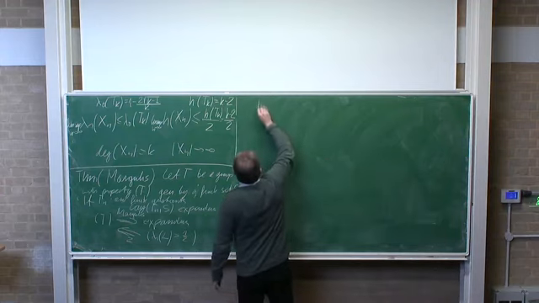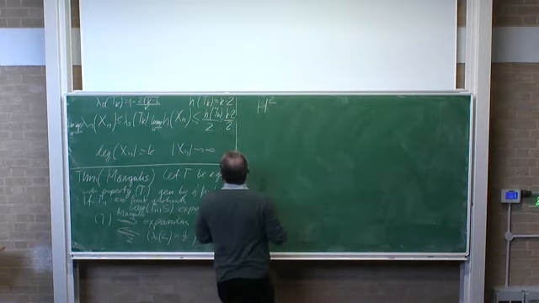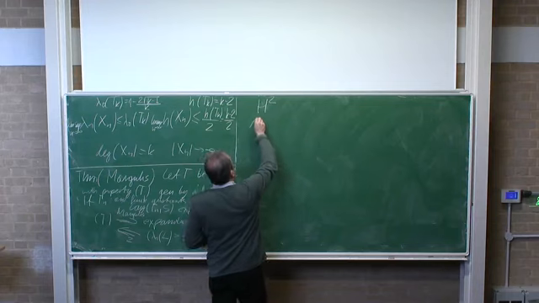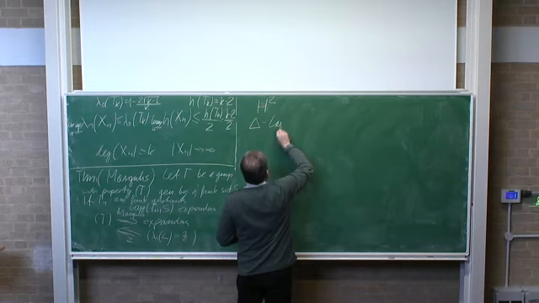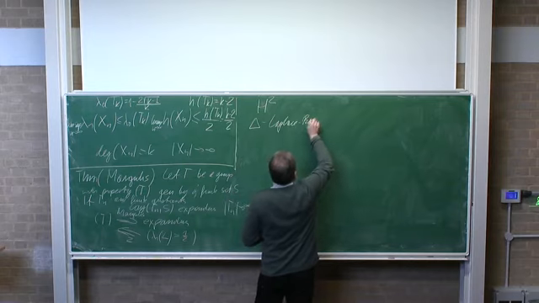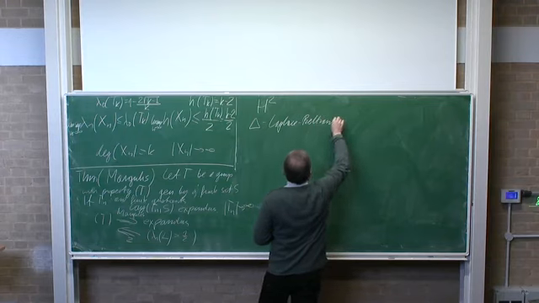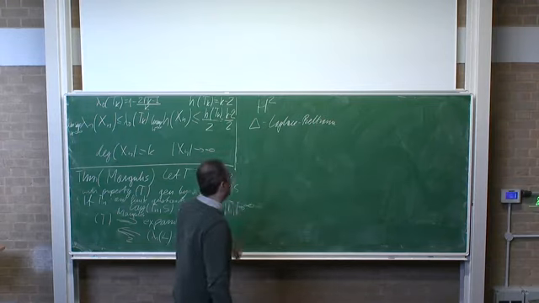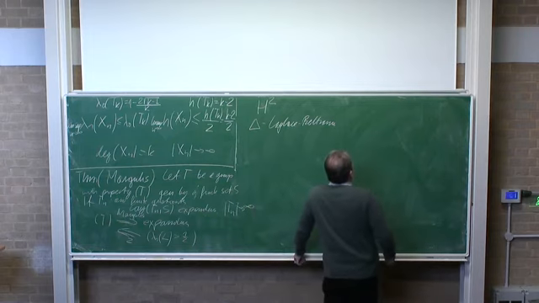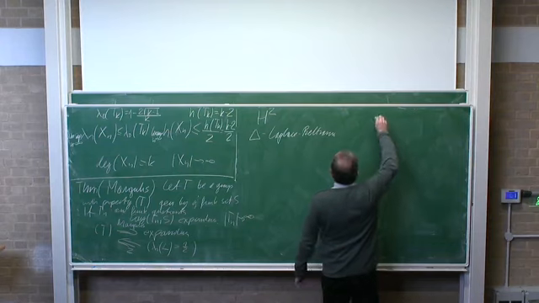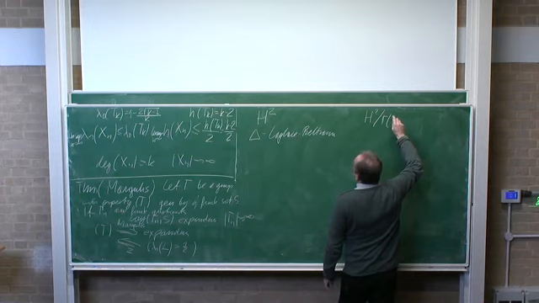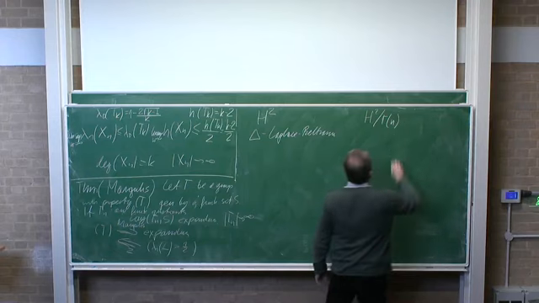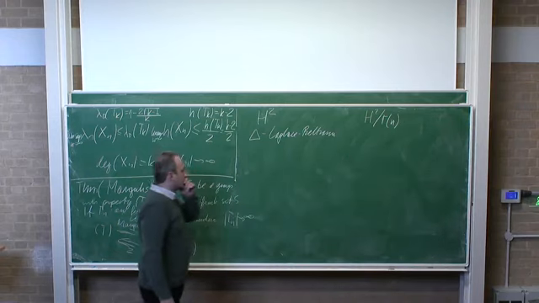So we consider the hyperbolic plane and the Laplace-Beltrami operator associated with this hyperbolic metric, and we'll consider the quotients of H2 by the congruence subgroups gamma n.